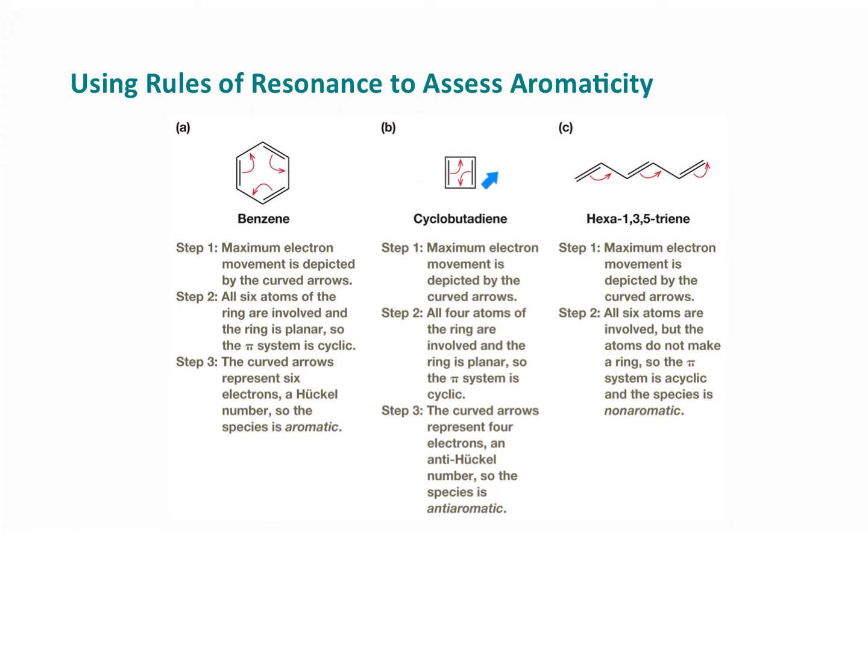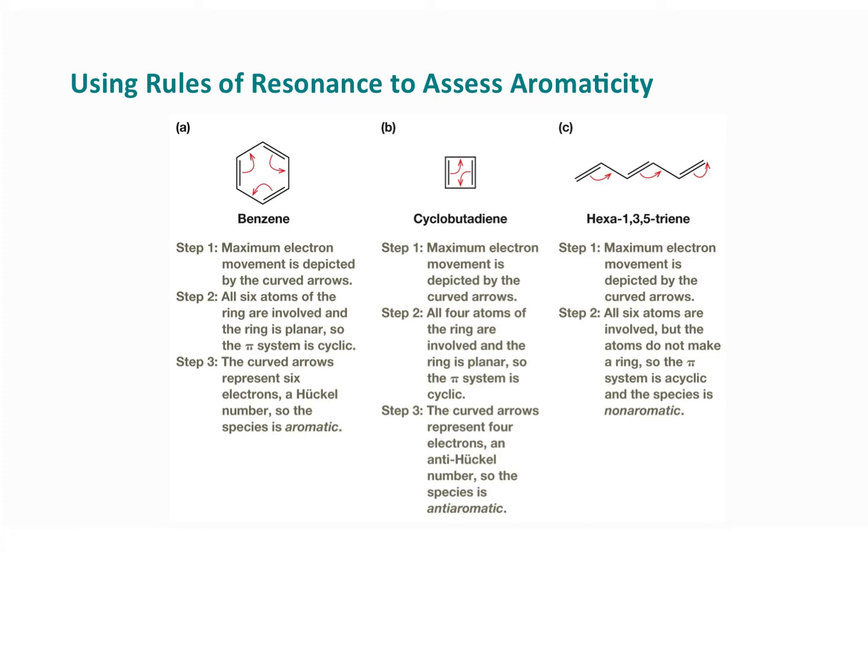Here, right, we've maximized our number. It's planar, it's a pi system, but we've got 4 electrons, that's an anti-Huckel number, so it's anti-aromatic. Here, right, we've got 6 atoms involved, but it's not a ring, so it's non-aromatic. And so you can see how those steps can help you figure out if something's aromatic, anti-aromatic, or non-aromatic.